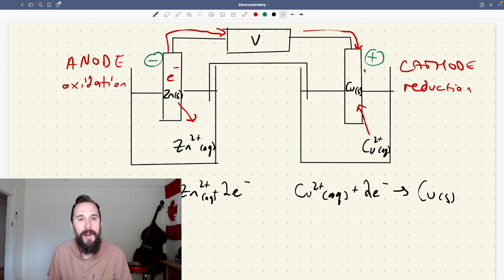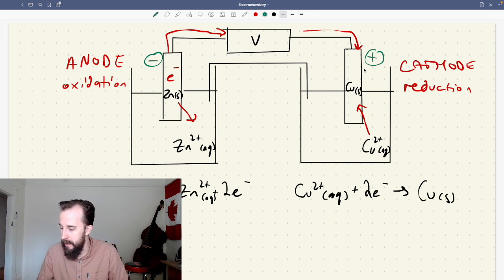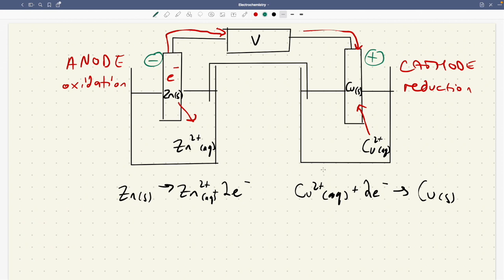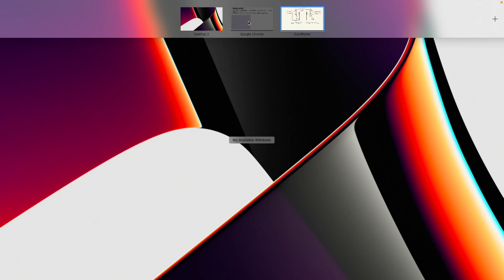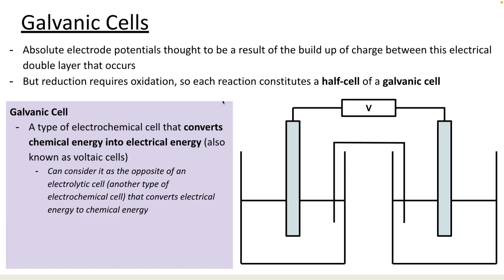If we had positive anodes in the electrolytic cell, in the galvanic cell, which is the opposite process, we have positive cathodes. Right on. We need both of these half reactions to occur in order to get this redox reaction occurring.